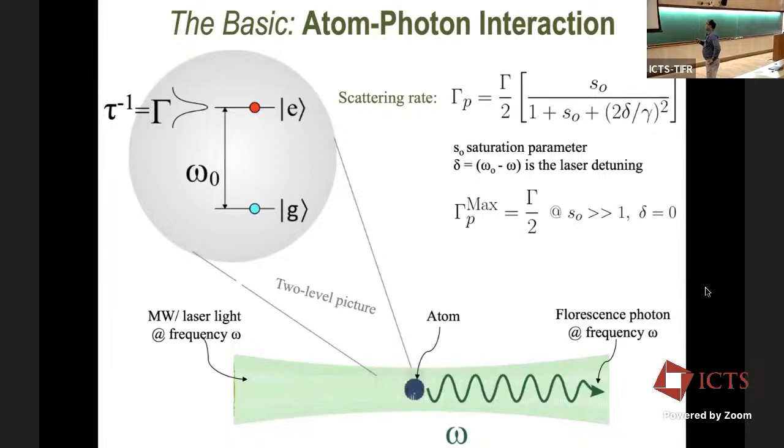And the effective scattering rate depends on the detuning of your microwave or laser field from the actual resonance frequency and how intense that field is. This S0 is called the saturation parameter, that is the relative intensity compared to the saturation intensity. There is a parameter called saturation intensity, which again depends on the Rabi frequency practically. So let's put it this way: the intensity or strength of that field and the detuning of that field. Any other questions?